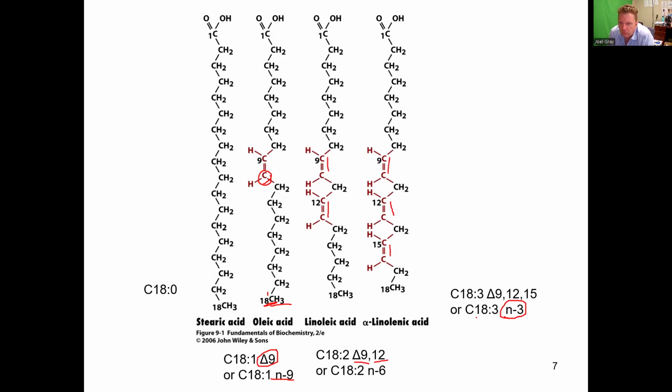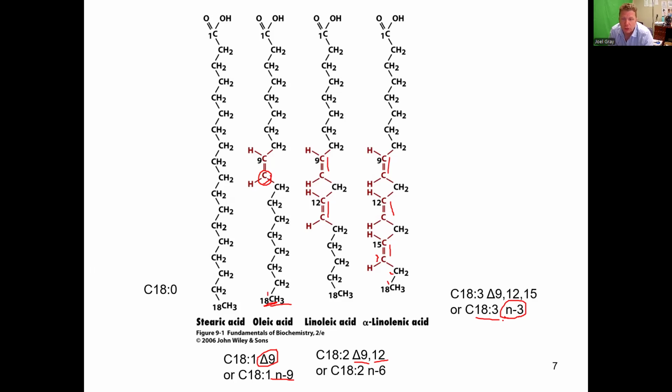Even though this one is 18:3, omega-3, or N-3, 1, 2, 3. It tells you where the first of your 3 double bonds is. It doesn't tell you where your second and third are. Why not? Because what it's telling you is that this fatty acid follows the pattern of double, single, single, double, single, single, double. And that's where your double bonds are going to be found.